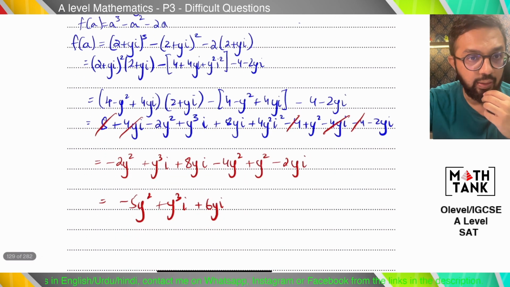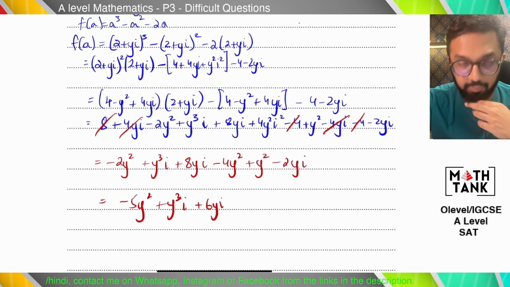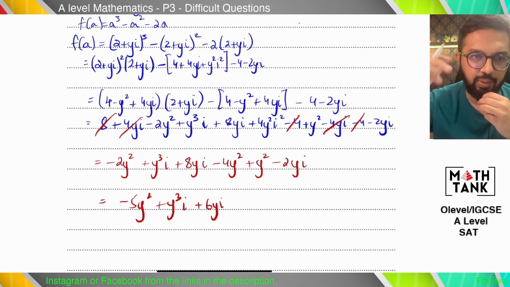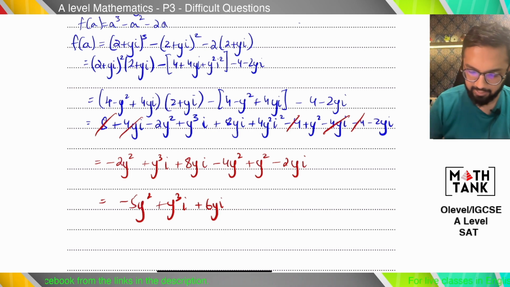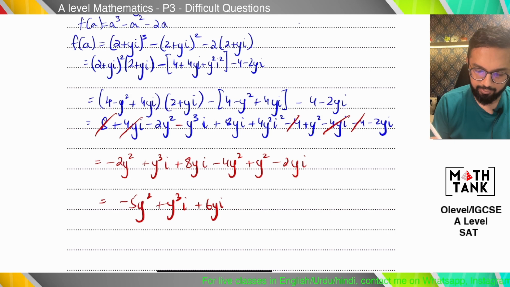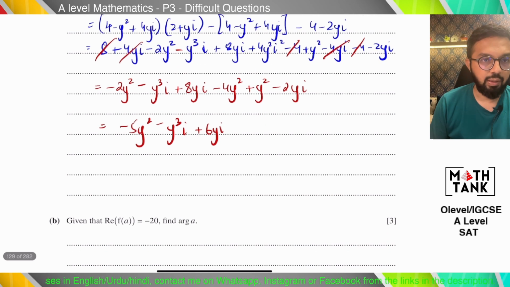So I have plus 6y, I have a plus y cubed, there should be a minus y cubed, and yes, there should be a minus y cubed. Okay, so that's the only problem with this question. The other things are fine, I think.